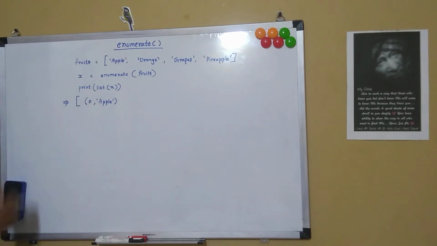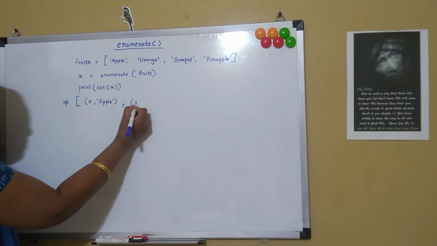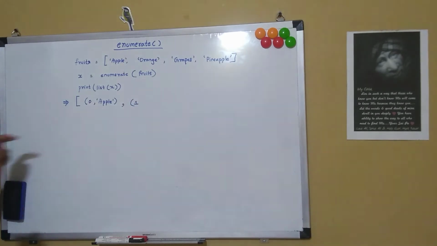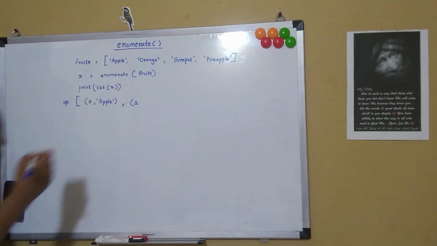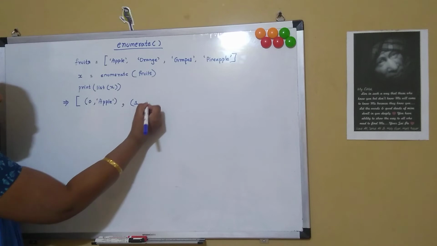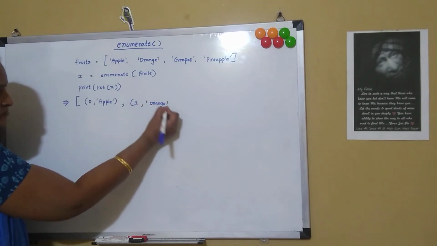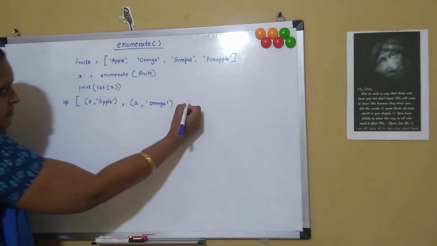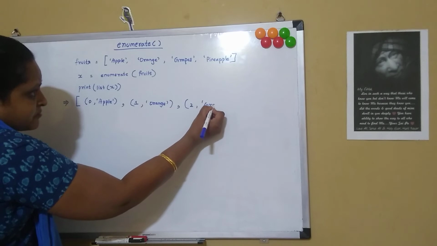This is one tuple. And for the next item, it will have 1 as the count value. It will increment by 1 because this is the first iteration, and the previous was the 0th iteration. So it will have the count value as 1 and the item will be orange. And for the second count value, it will have grapes.